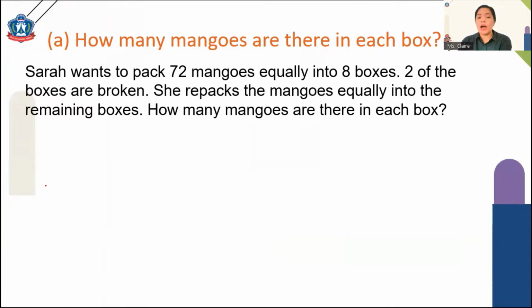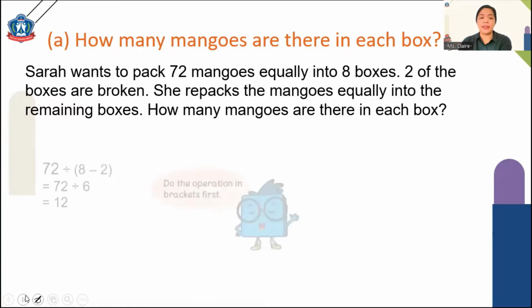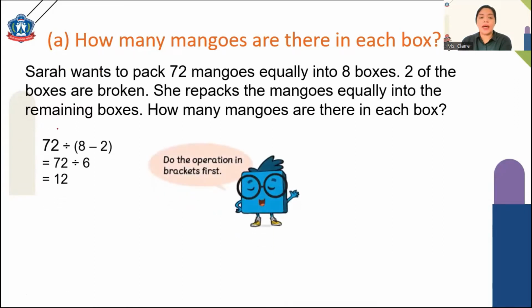How are we going to compute or calculate this? Take a look. So we have 72 mangoes. Then we are going to pack them into 8 boxes. But 2 of the boxes are broken. So what are we going to do?